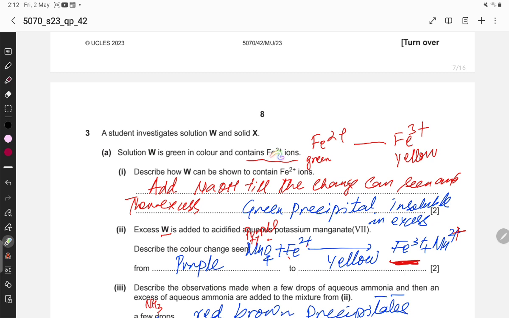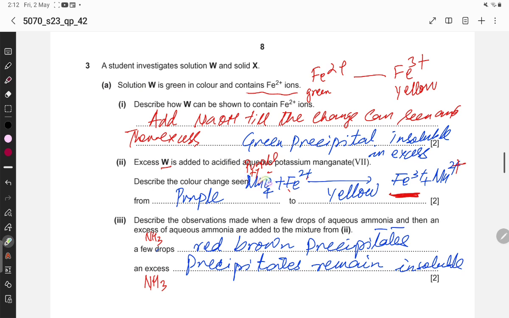Check the test of cations from the table and write it down over here. So, describe how W can show that it contains Fe2+ ion. Add sodium hydroxide until the change can be seen, and then in excess. Green precipitate, insoluble in excess.